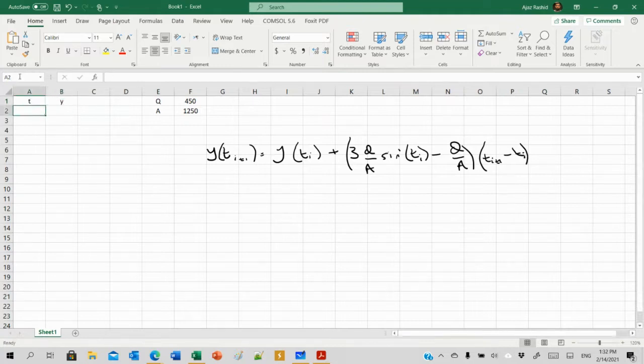The T and the Y. When the time is 0, this is 0. This is previous time plus 0.5.